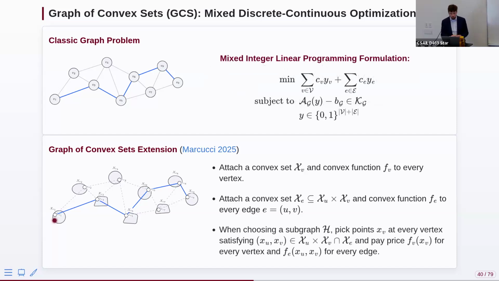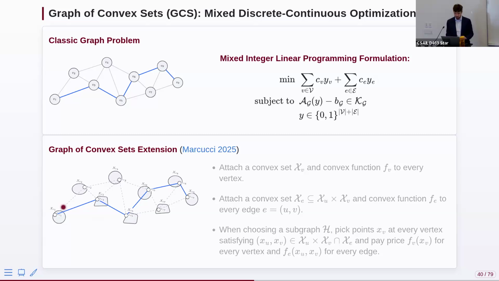When you choose a subgraph, not only do you pick the discrete edges and vertices, you also have to pick a point in each of the sets. So the cost of choosing an edge or a vertex changes depending on the points I pick in each vertex and each edge.